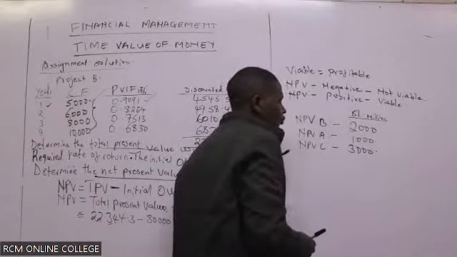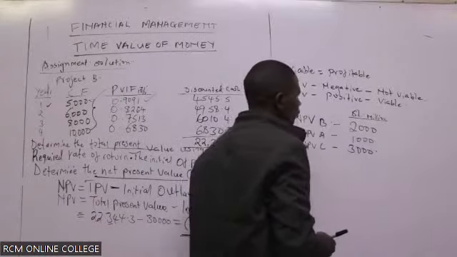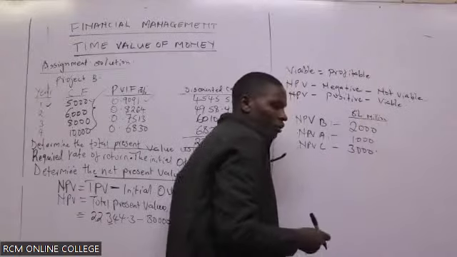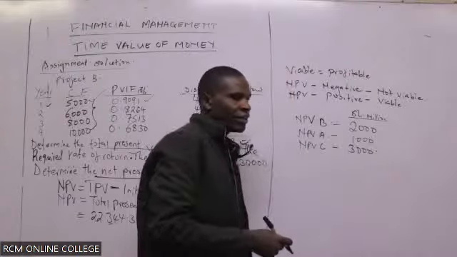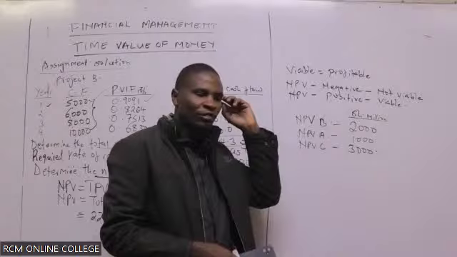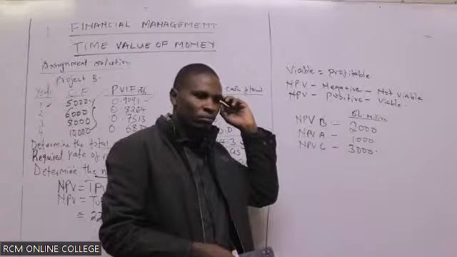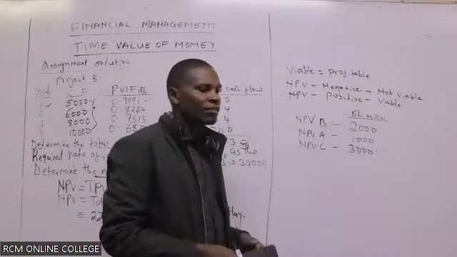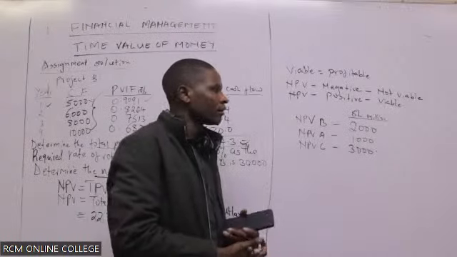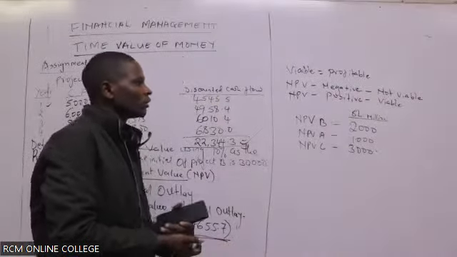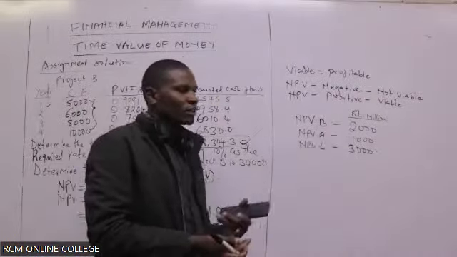Investor Jane comes to you and wants you to advise her on which project to invest in. As a financial analyst, which project would you advise Jane to invest in? These are the NPVs of the projects.